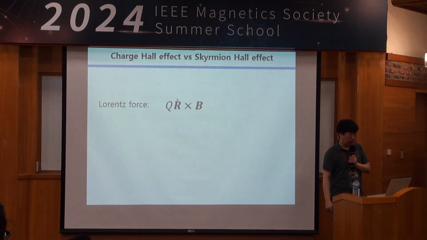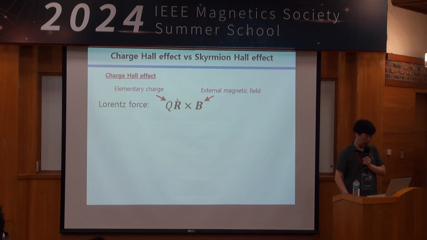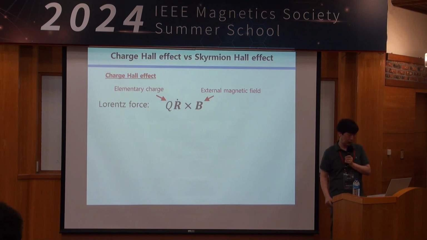So actually, this skyrmion Hall effect can be well understood using the familiar concept of the charge Hall effect. Charge Hall effect arises from the Lorentz force, where Q is the electron or hole charge, r dot is the velocity, and B is the true external magnetic field.